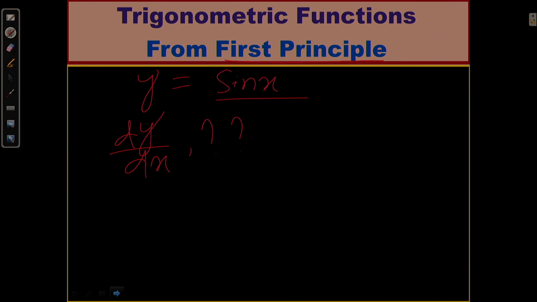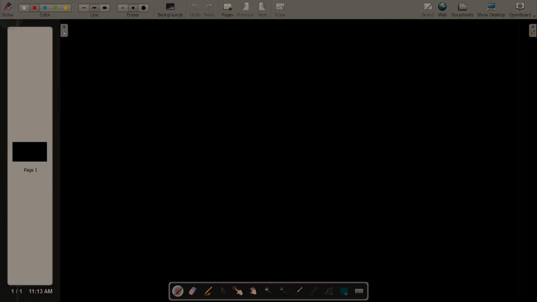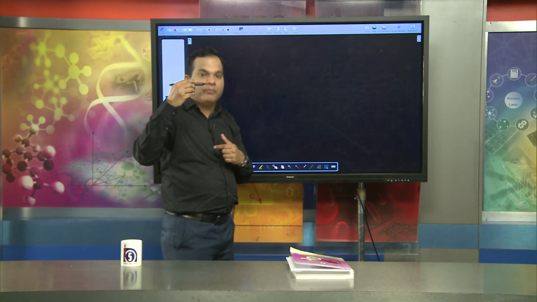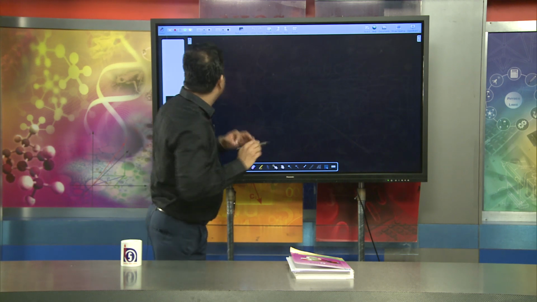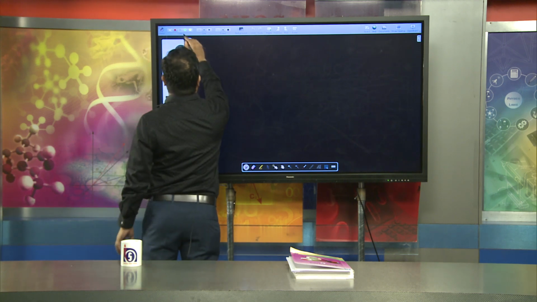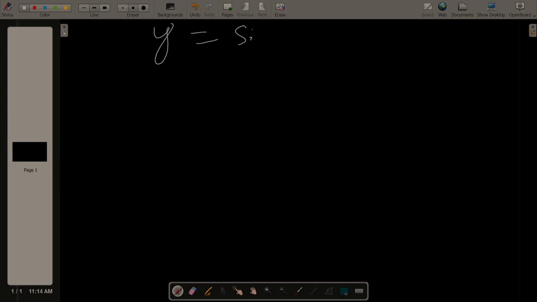You already know there are certain steps for finding the derivative using the first principle. Suppose I have taken y equal to sin x.